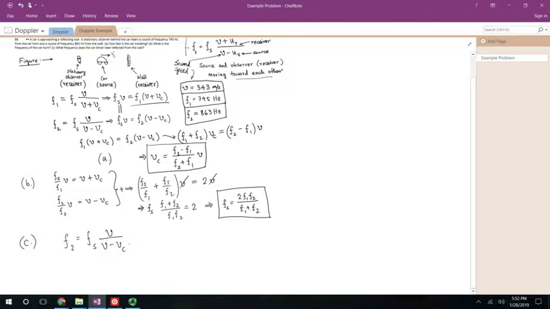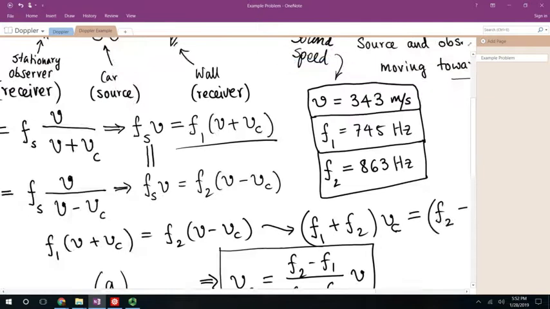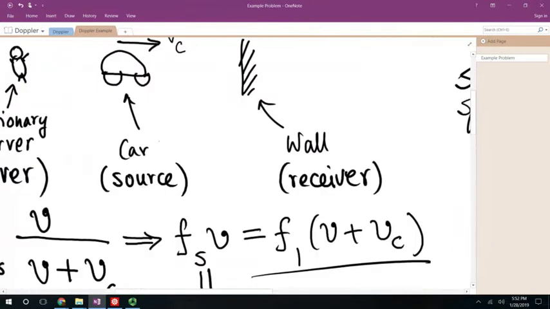This is the frequency that the wall is receiving from the car. But now the same received frequency is going toward the car. So the car is now another receiver, right? So this is part C. So if I can just quickly go back to my original setup, here for part C, the car is also a receiver.